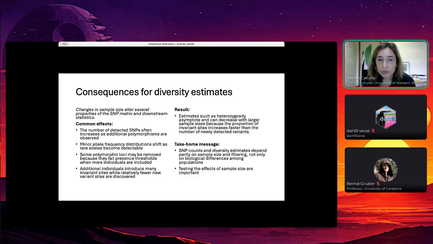you introduce lots of new individuals, you can drive down your diversity estimates, because if you think of heterozygosity as variable sites divided by invariant sites, as you add individuals, you end up tending to add more invariant sites than variant sites, which means that, when we talk about things like autosomal heterozygosity, you're increasing your denominator faster than your numerator, and therefore just adding samples reduces your heterozygosity, and that becomes problematic.